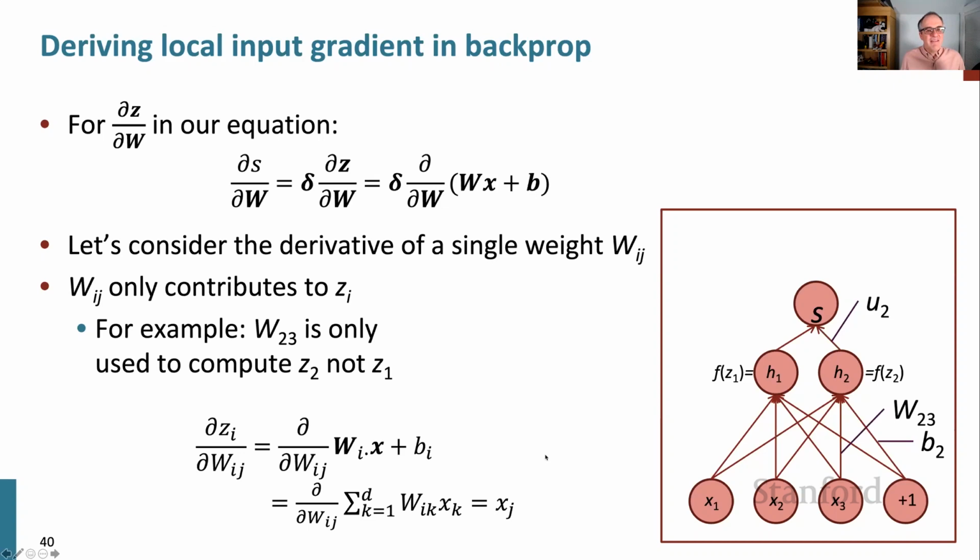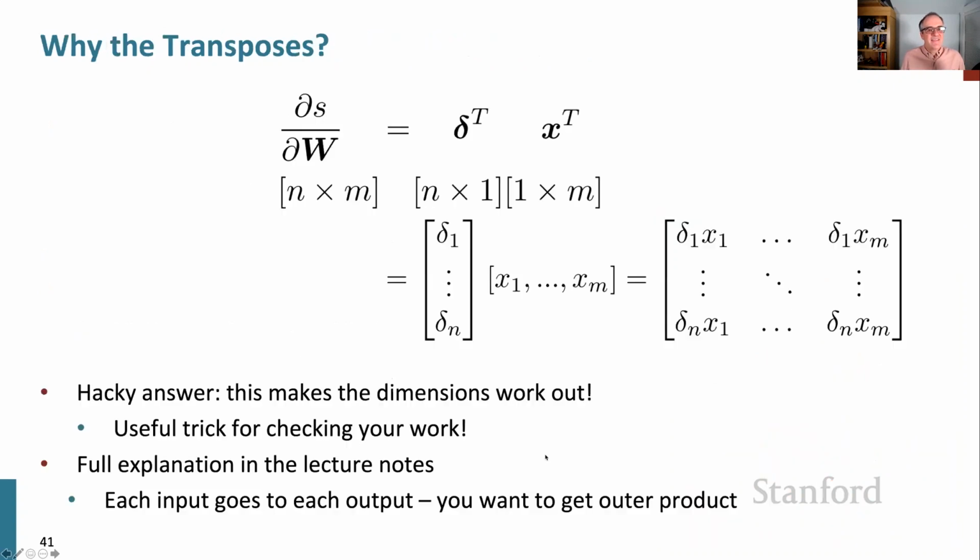And so the end result is that we're going to get these columns where x1 is all that's left, x2 is all that's left, through xm is all that's left, and then that's multiplied by the vectors of the local error signal from above.